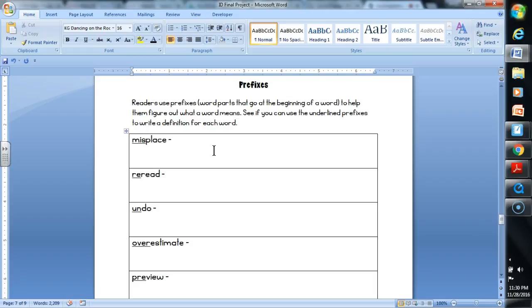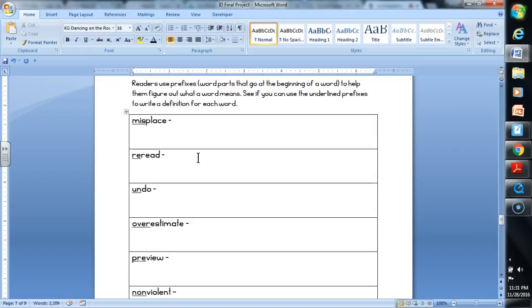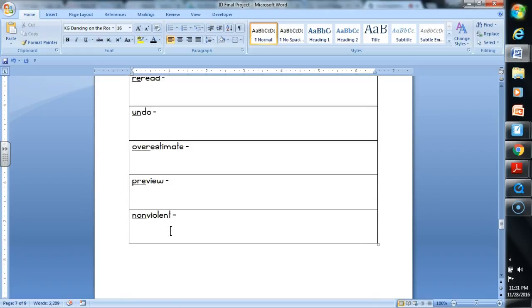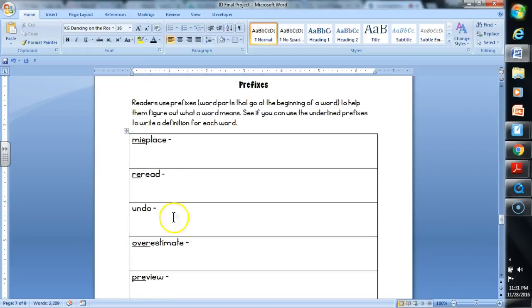And in second grade, they are all expected to know the meaning of the root words place, read, do, estimate, view, and violent. And then the prefixes are all taken from that commonly used prefixes poster that has been posted in the classroom for at least a minimum of a week's time before they are administered this assessment.